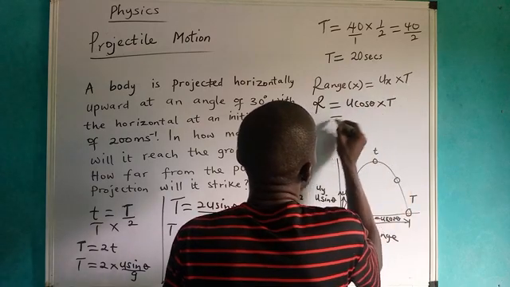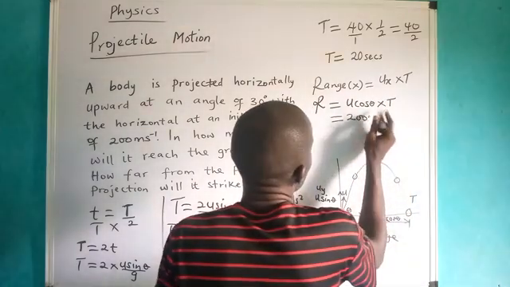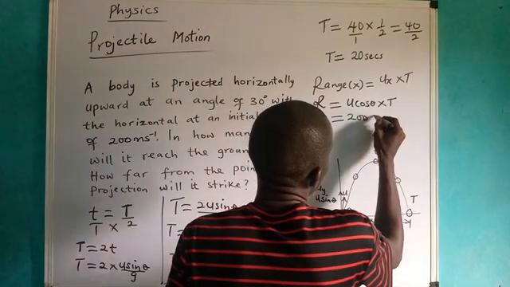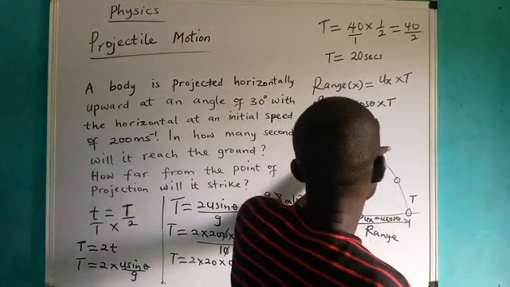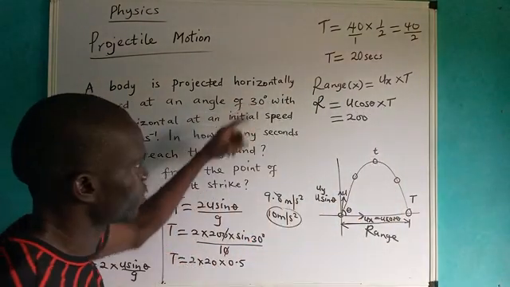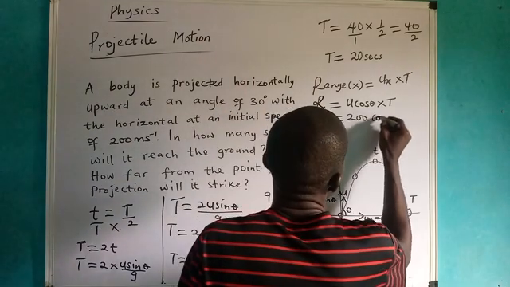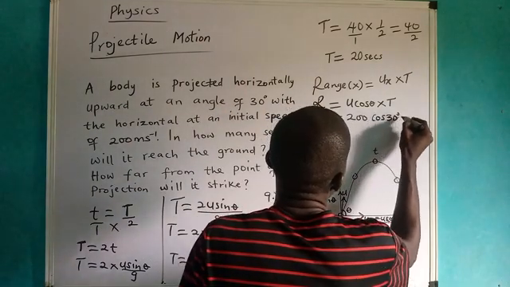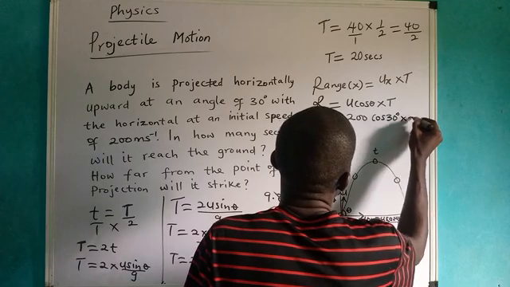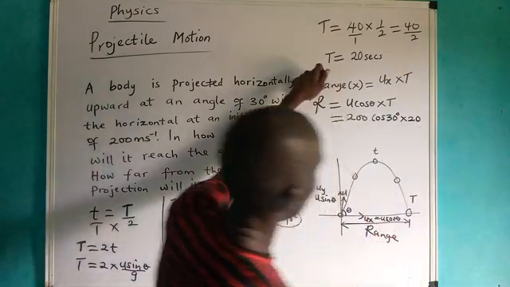And what is the initial velocity there? It's 200. And what is the angle? The angle is 30 degrees. Therefore, we now have cos 30 degrees. And what is the time of flight? We have it as 20. Remember, we have calculated that before.